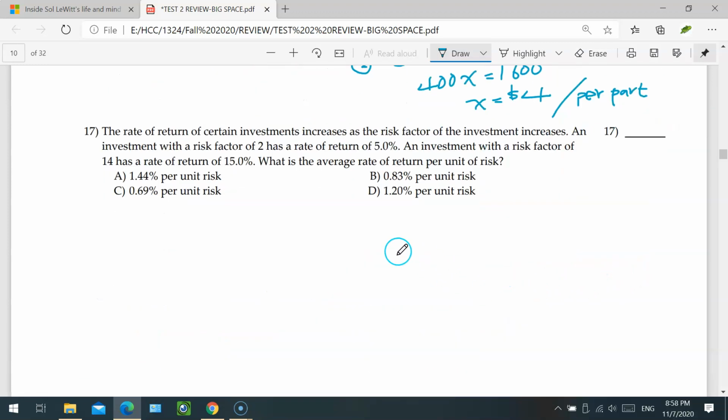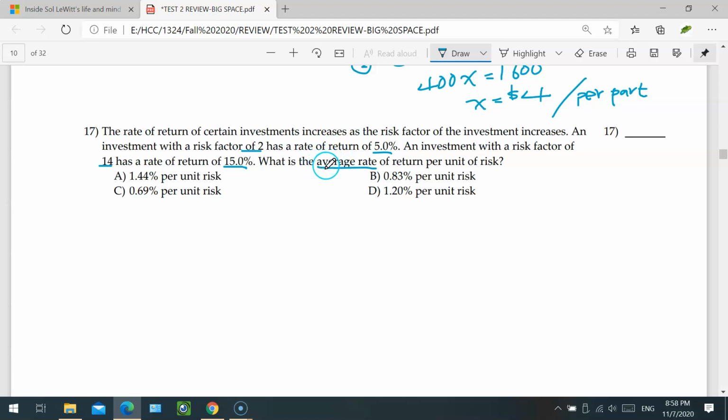Number 17. The rate of return of certain investments increases as the risk factor of the investment increases. An investment with a risk factor of 2 has a rate of return of 5%. An investment with a risk factor of 14 has a 15% rate of return. What is the average rate of return per unit of risk?